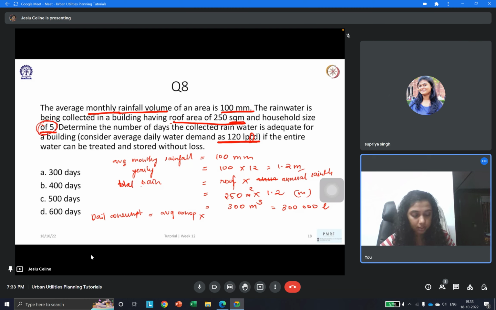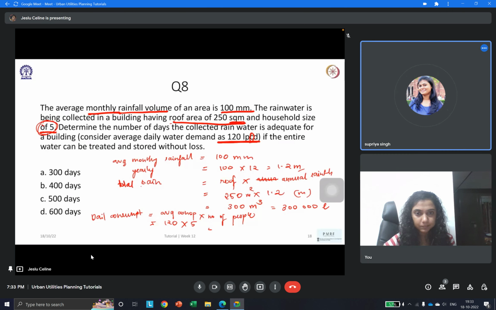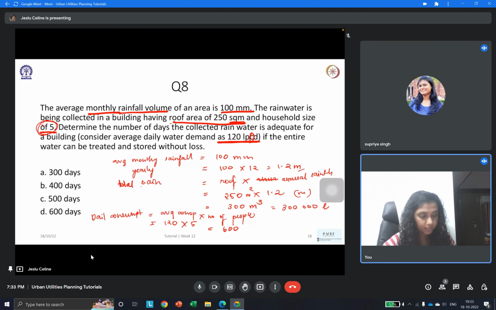So the total daily consumption would be 120 into the number of people, 5. That works out to 600. So we need around 600 liters of water for the entire family.